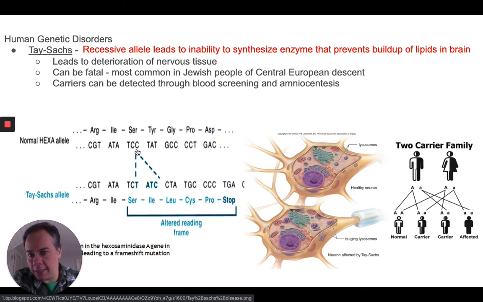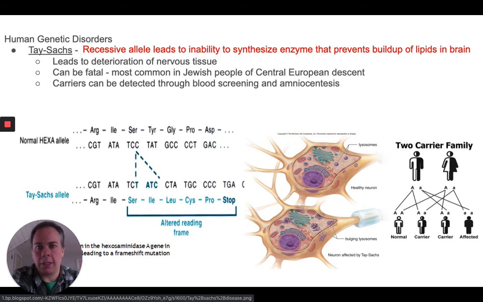So if we delete this C from the sequence, everything gets shifted over one. TAT is shifted over, and we have then a misshapen enzyme that doesn't function properly.